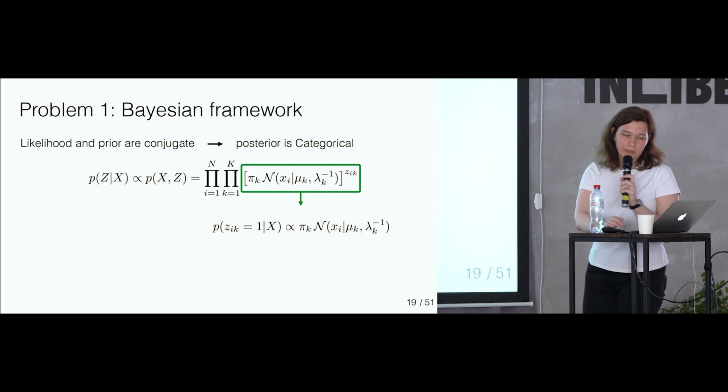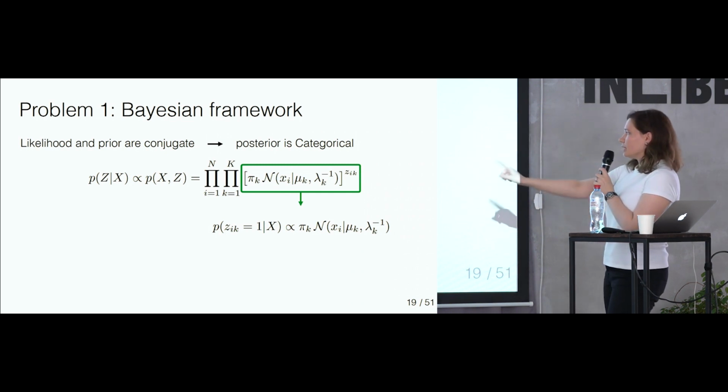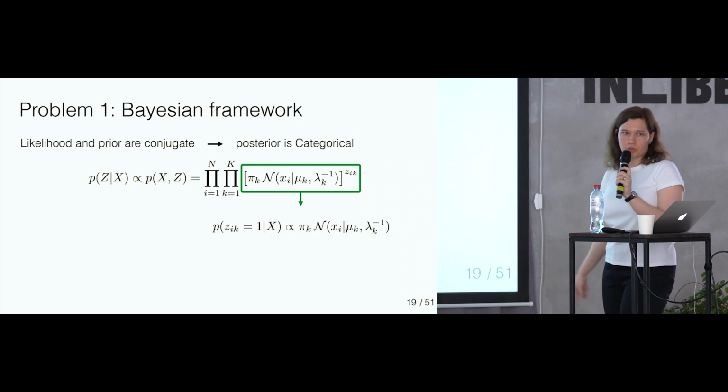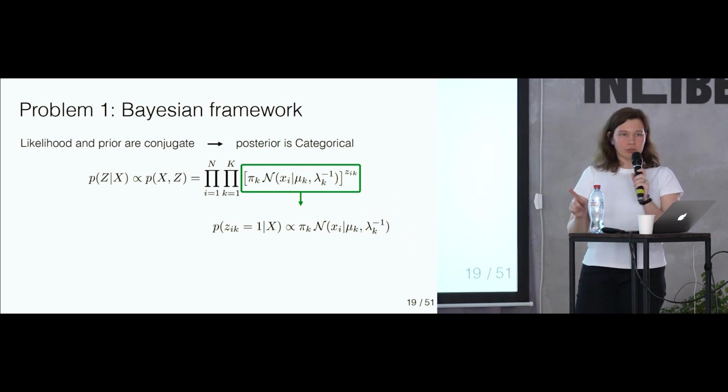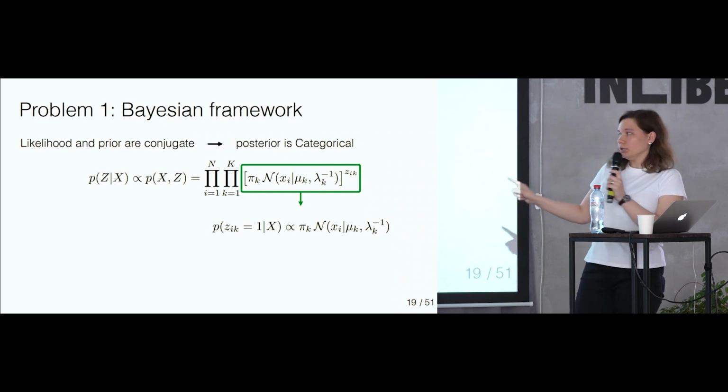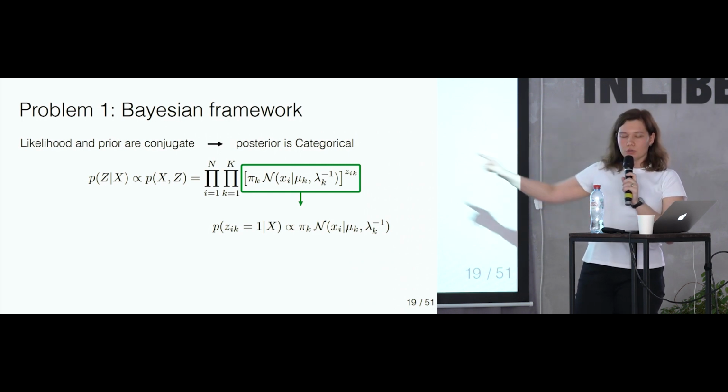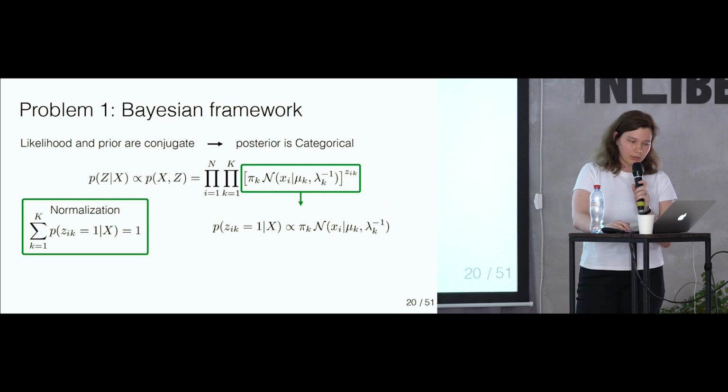So from here we know that the probability of z_ik equal to 1 in our posterior distribution is proportional to this product of p and the normal distribution. But it's only proportional. We need to normalize, because these probabilities should sum to 1 with respect to k.